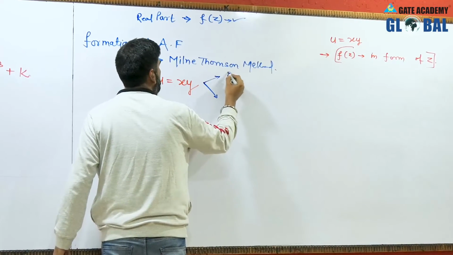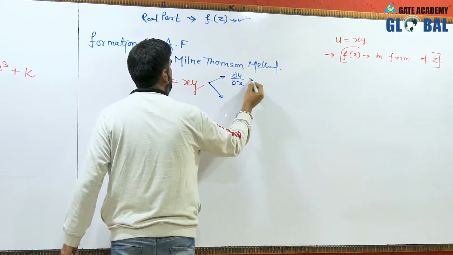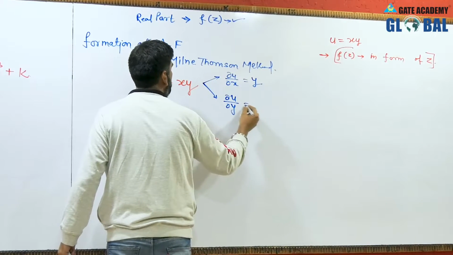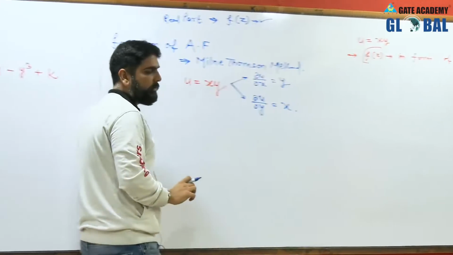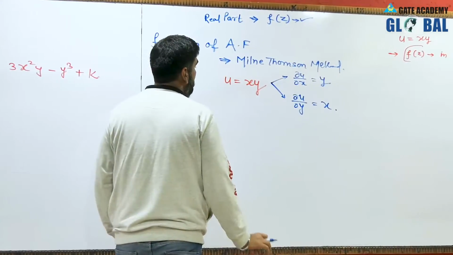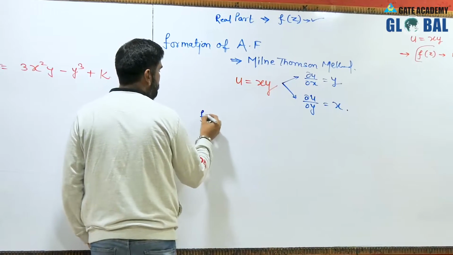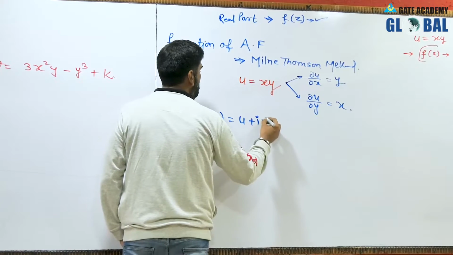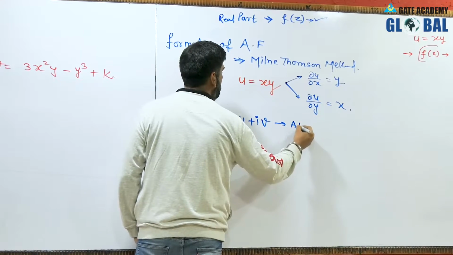So del u by del x is nothing but y, and del u by del y is nothing but x. Now what I am doing is the Milne Thomson method. So let f(z) be the analytic function, it is u plus iv, an analytic function I am having directly.